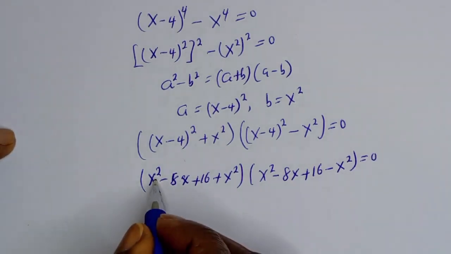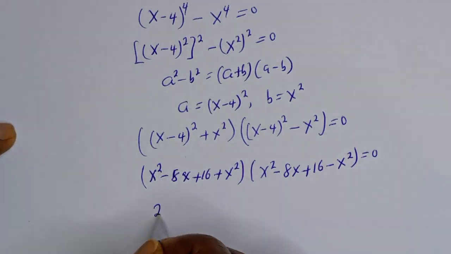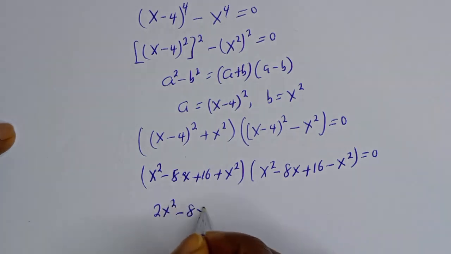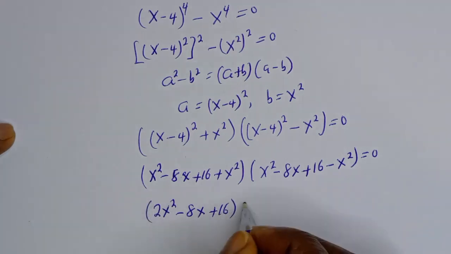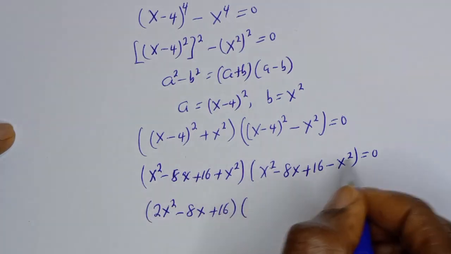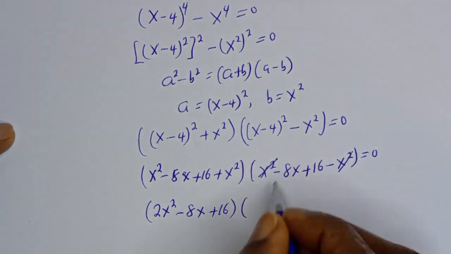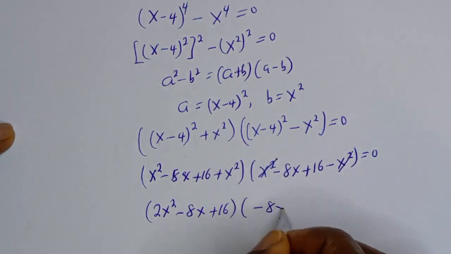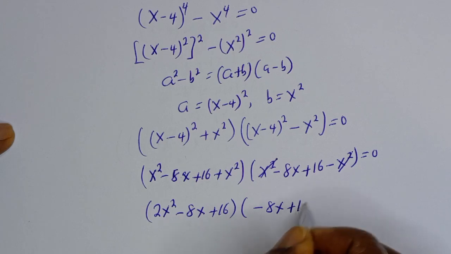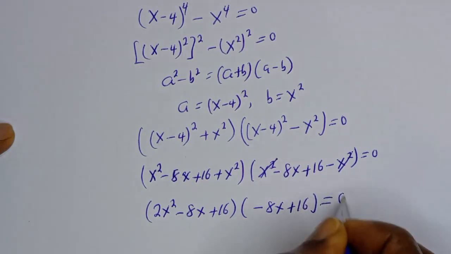Then from here, s^2 plus s^2 is 2s^2 − 8s + 16, times (s^2 − s^2). This will cancel this. We have −8s + 16 is equal to 0.